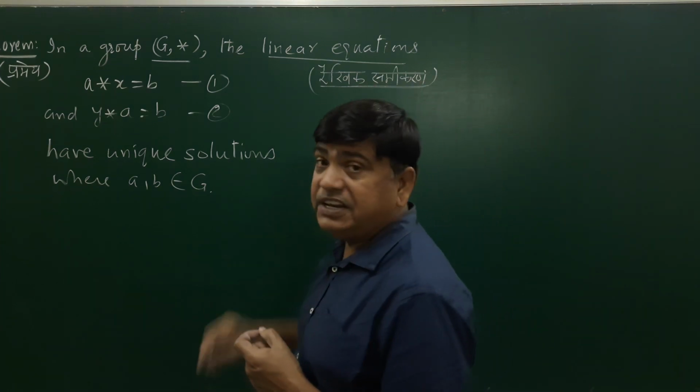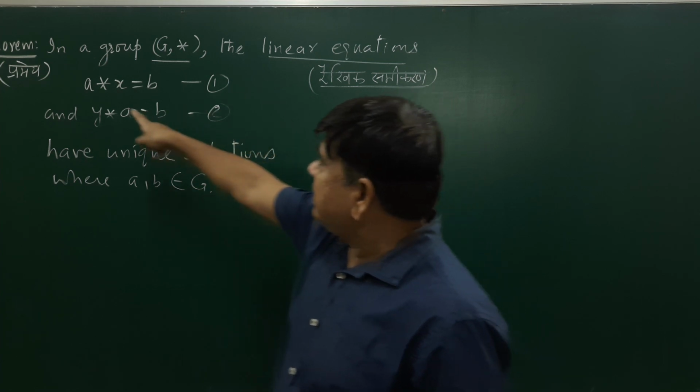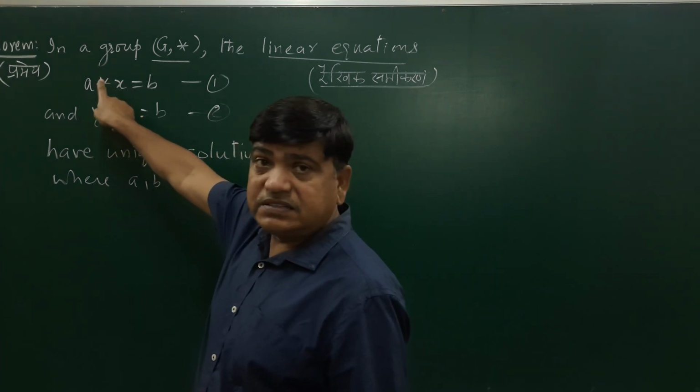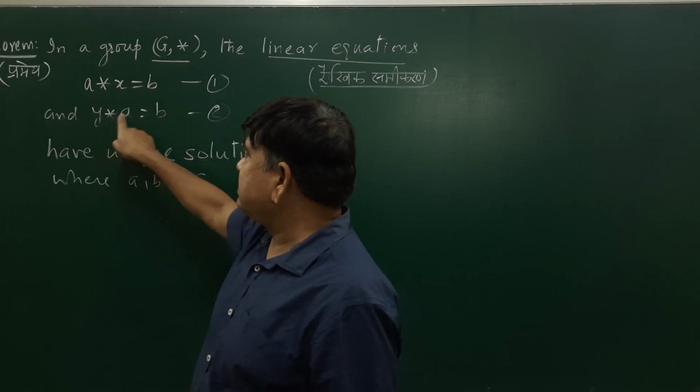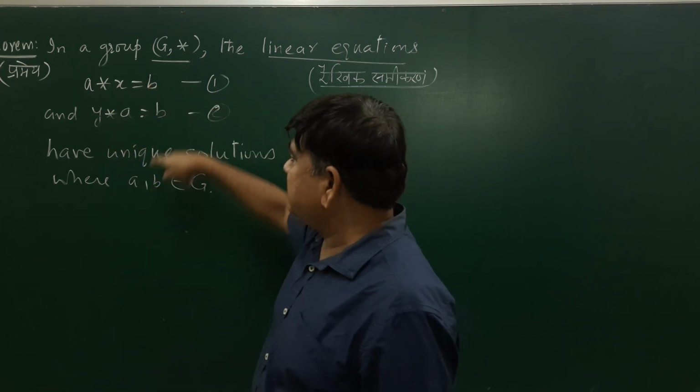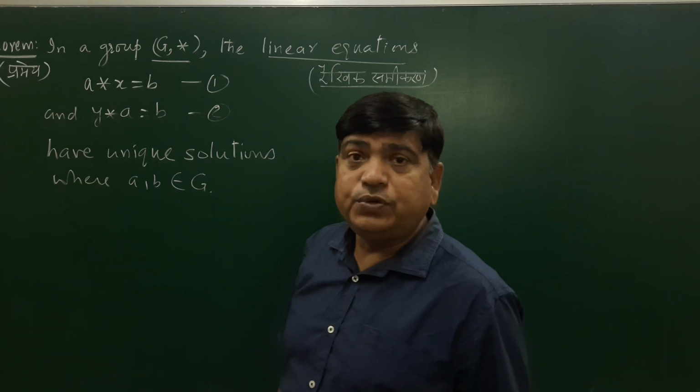Rekhic, linear. A star x equals b, y star a is b. So these two equations have a unique solution.